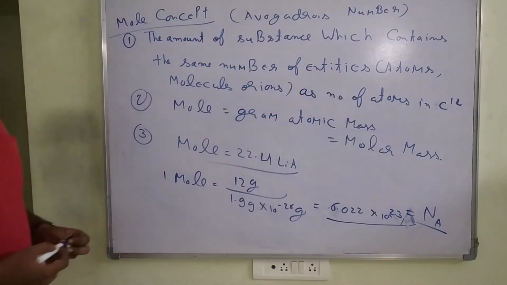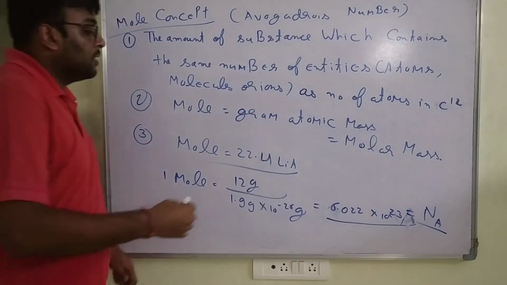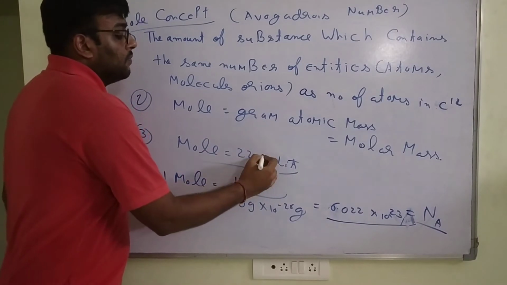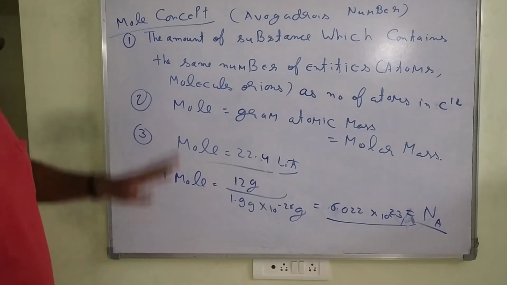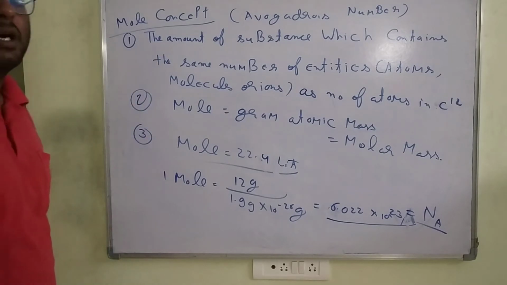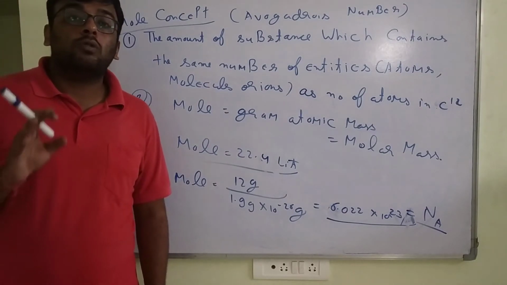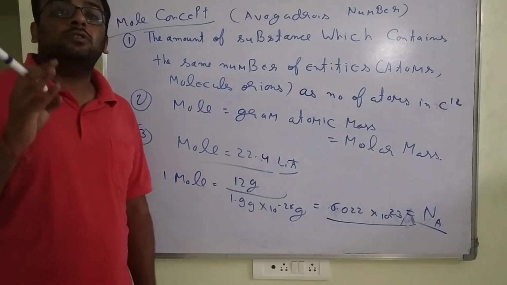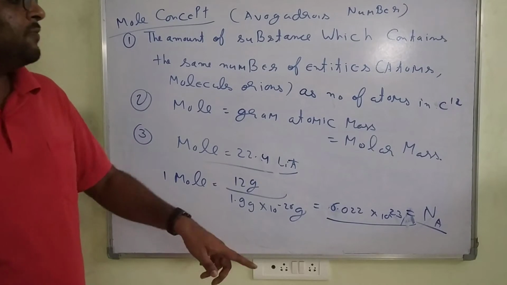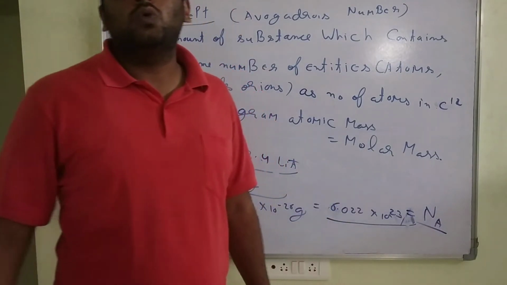First of all, look at the definition. The amount of substance which contains the same number of entities, whenever I am talking about the mole, it will be molecules, atoms or ions, but it has a fixed value, 6.022 or 6.023.